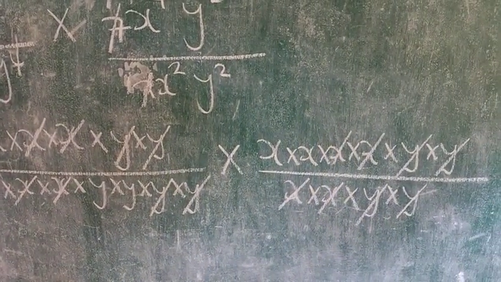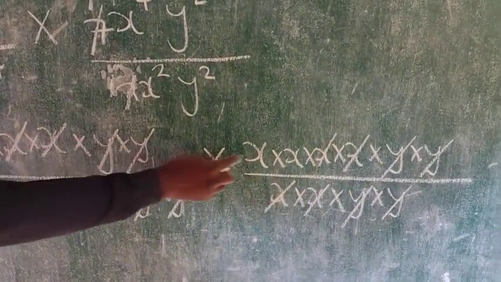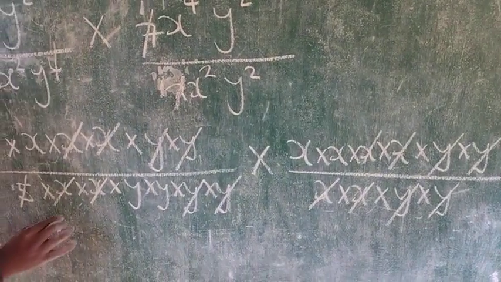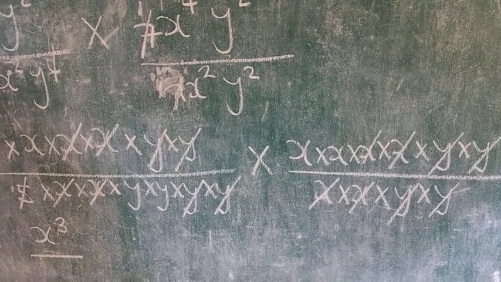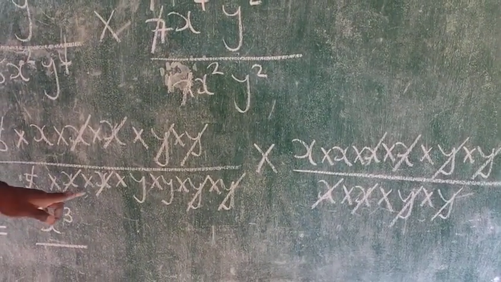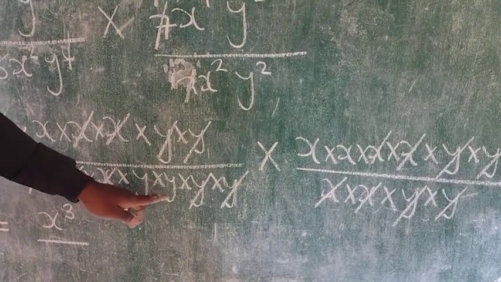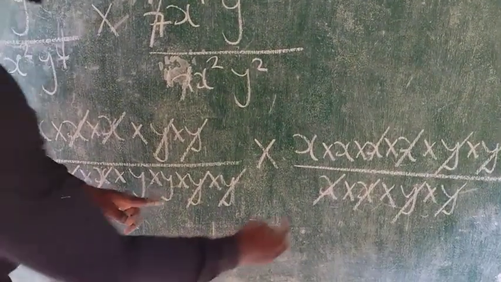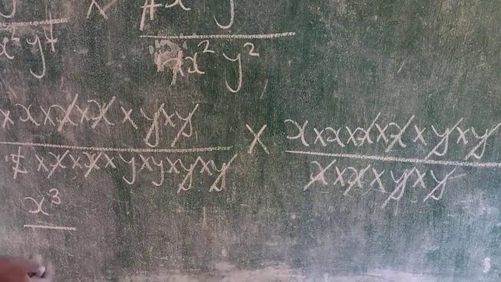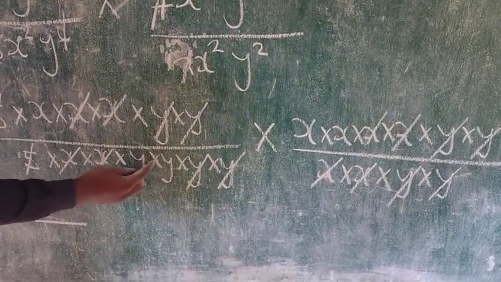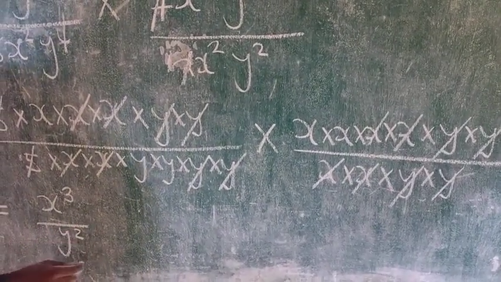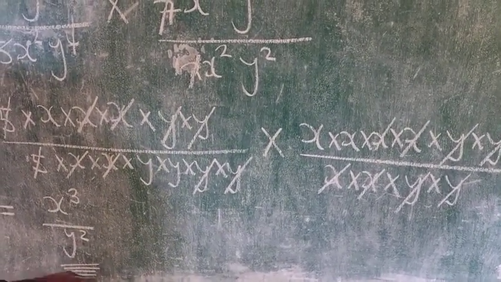So how many x's? x times x times x, which gives x to the power of 3, over y times y. On this side everything was cancelled, meaning it's a 1. So y times y is y squared.